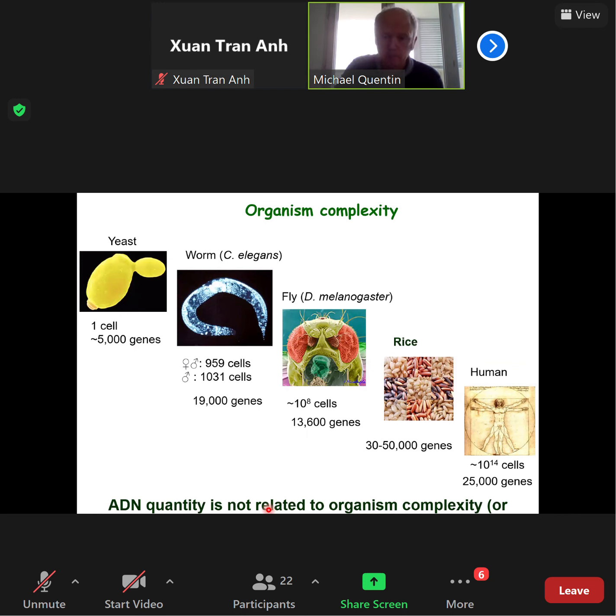Okay? Similarly, the DNA quantity is not related to organism complexity. This is also something important to remember. You have some very simple organisms that have very complex genomes.